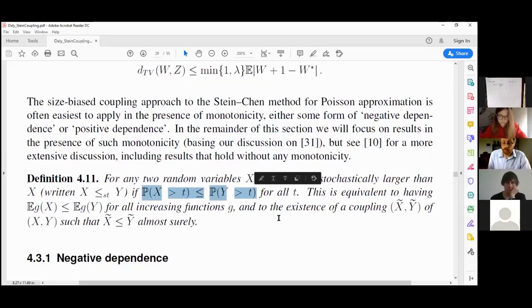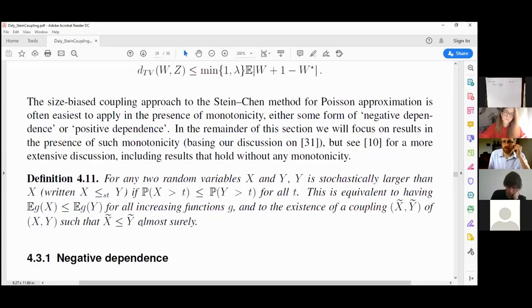Or equivalently, again illustrating just how strong this ordering really is, saying that x is stochastically smaller than y is equivalent to saying that I can construct random variables with the same marginals as x and y in the same probability space, which have the same inequality holding almost surely.